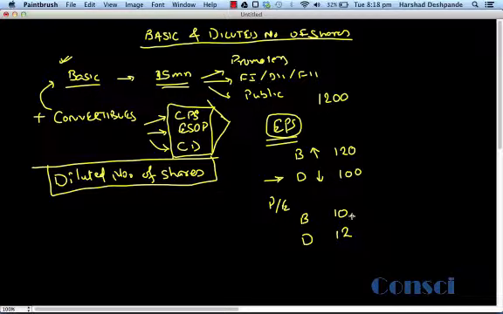Now naturally, if you look at the difference between the P/E multiples, the difference is huge, which is about 20%, which is a similar difference between the basic and diluted EPSs.